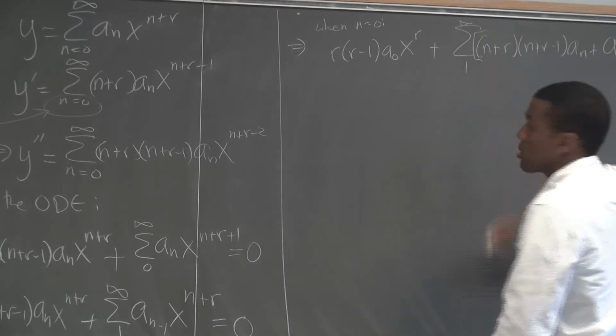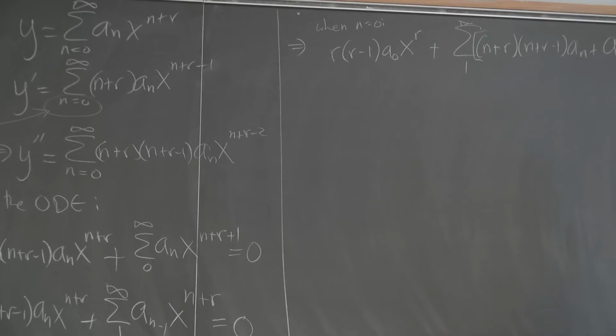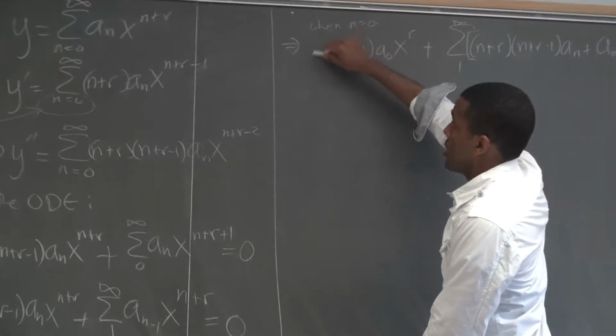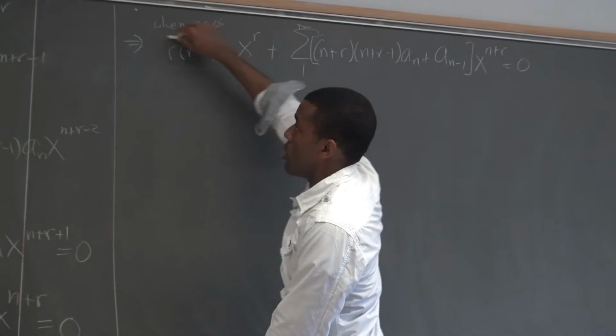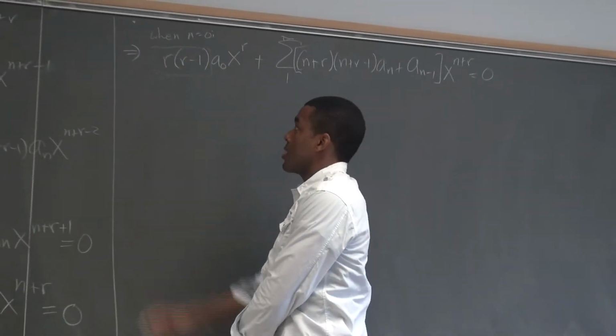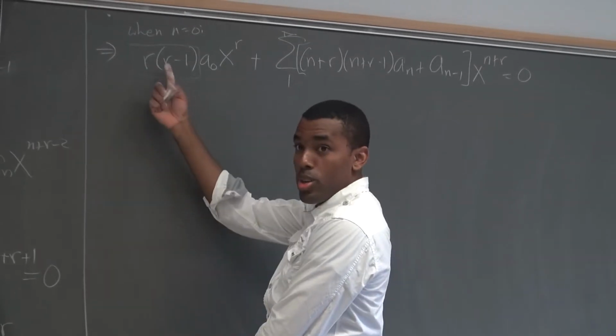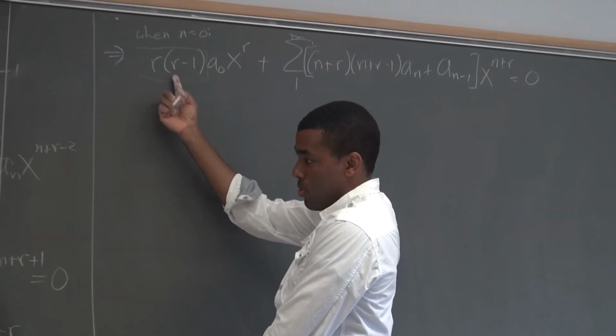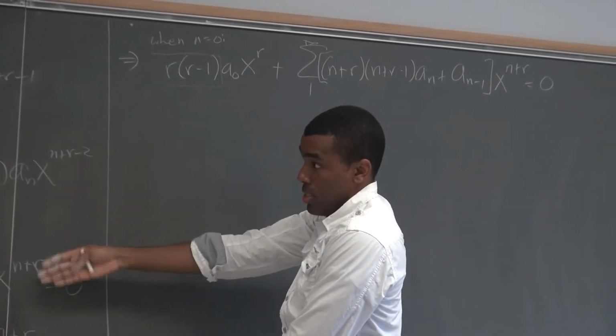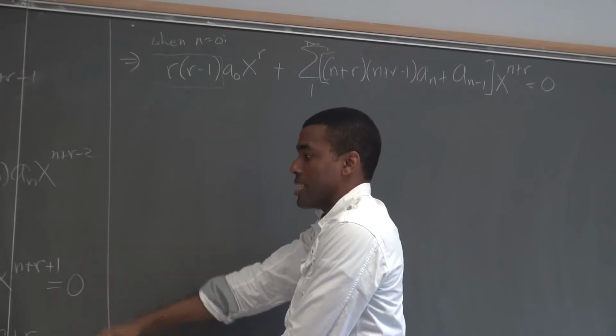Can I make the series start from negative infinity? You could do that. That method would still work here. One of the reasons I wanted to do it this way is to show you that the coefficient of x to the r will always be your indicial equation. The left side of your indicial equation should pop up here. Sometimes you'll take several lines to get it to a nice point.